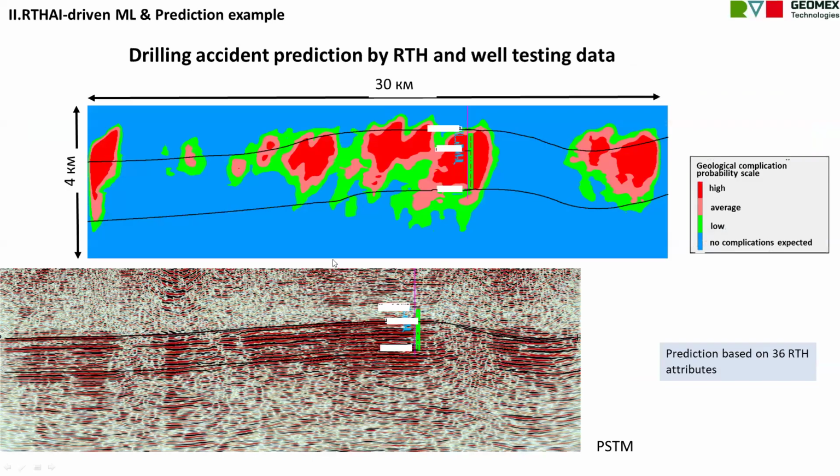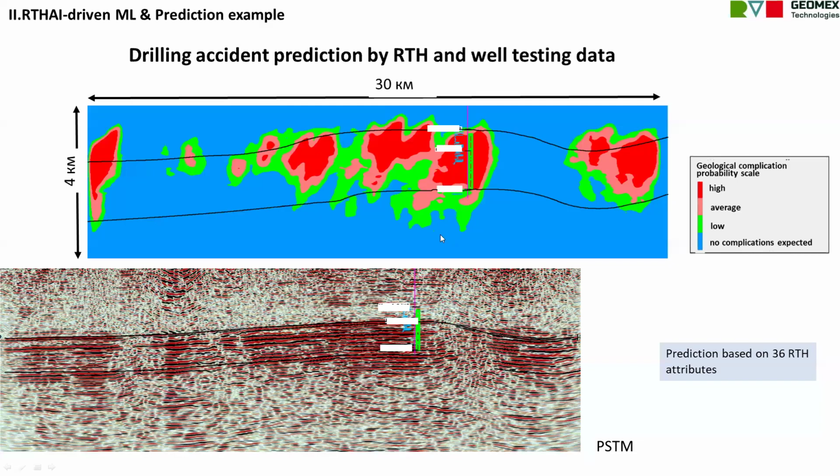The last is drilling accident prediction by RTH and well testing data. It's very interesting because we have testing information from only one well where accidents occurred. Three accidents happened, 1, 2, 3, and we used some number of RTH attributes, 63.